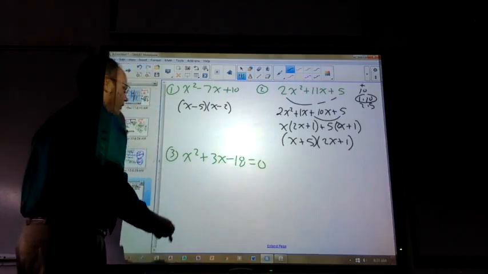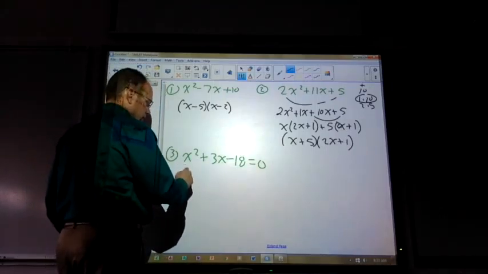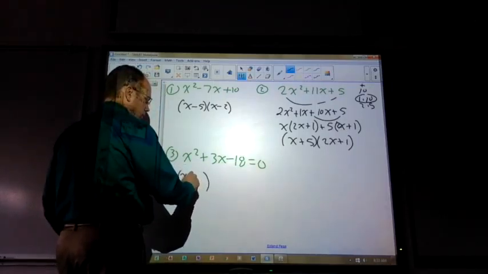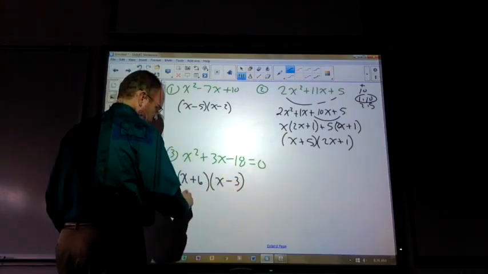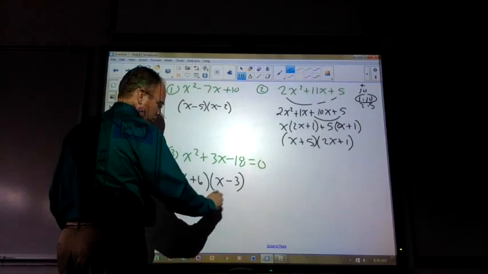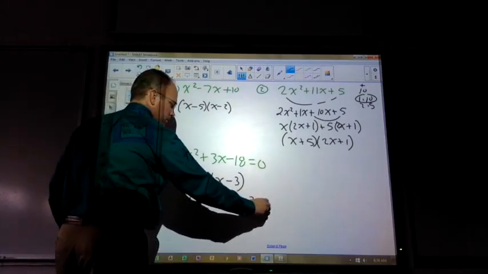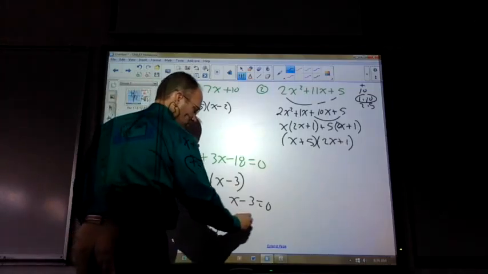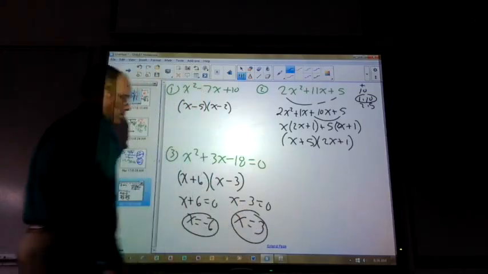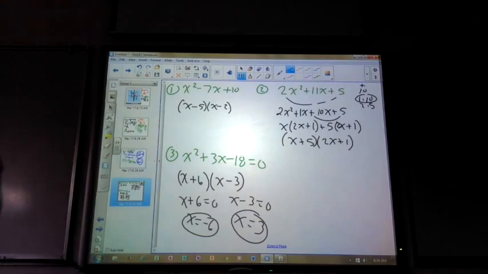As you're working through those, you can double check up here to see how it worked out. For 1 and 3, I just saw it factor real quick.